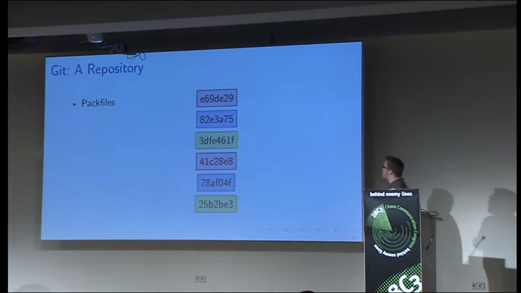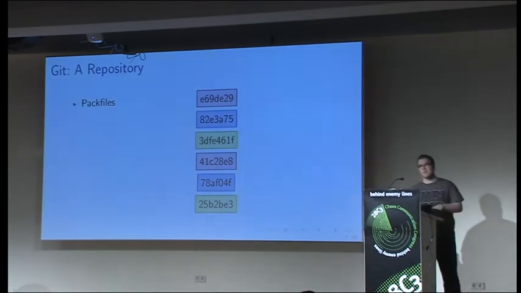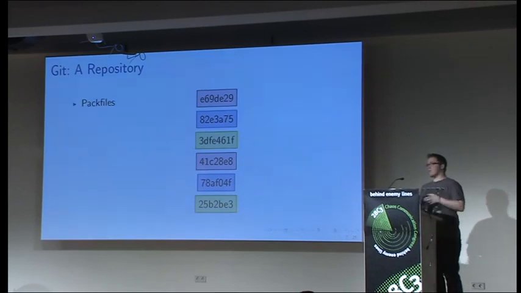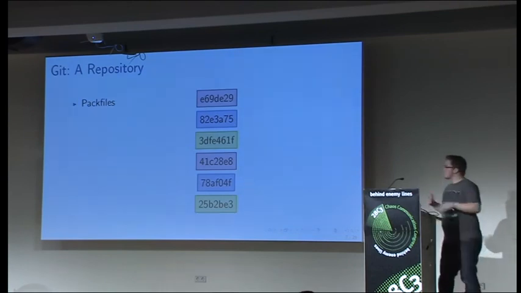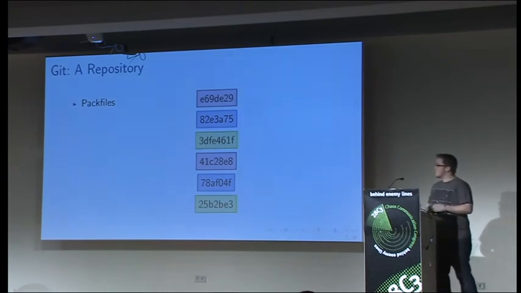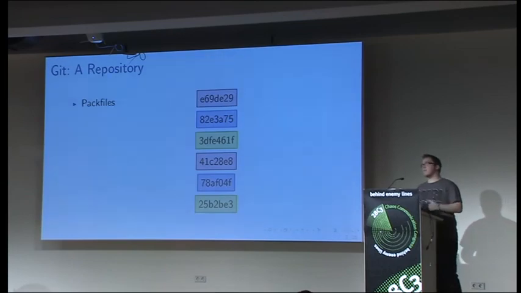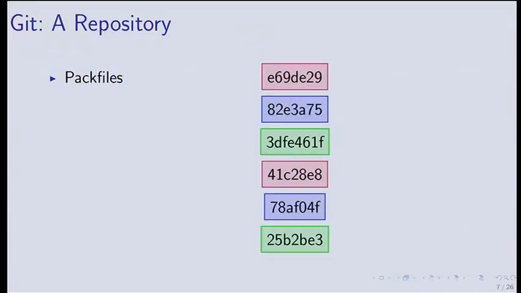Last objects are pack files. If you do a commit in your Git repository, every object is written to .git objects, and they are loose objects, they are single files, which is nice for the start, but once you have a lot of them, it gets really expensive to retrieve them because you have to look up every inode, and this is expensive.